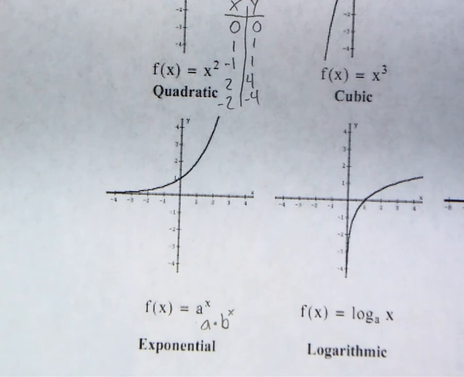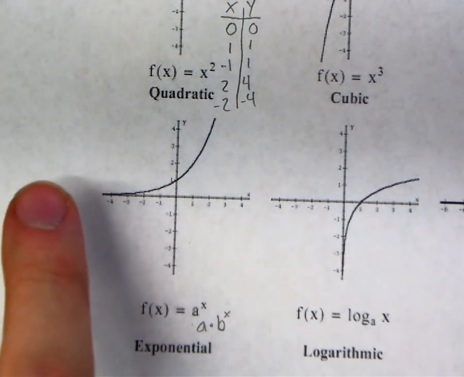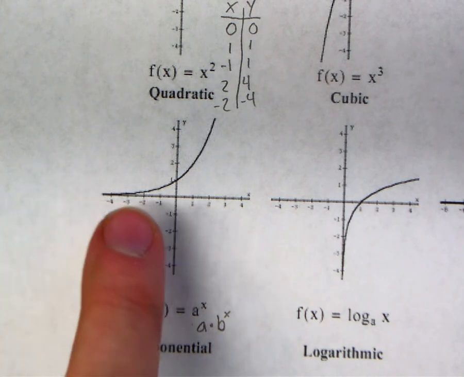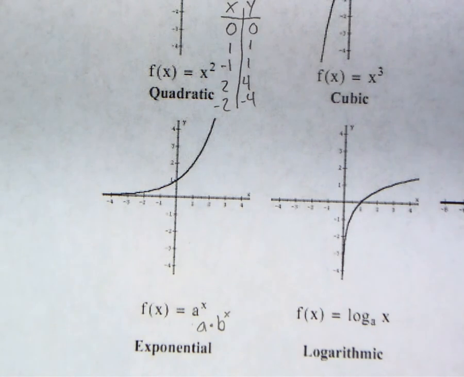So we got to play around with these a little bit in class. We got to see if b is greater than 1, and if the sign of this whole thing is positive, then we have a graph that's going to look just like this one, where our function approaches 0 from the left and shoots off at an incredible rate as we go to the right.